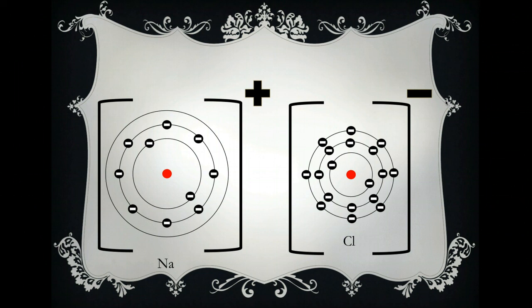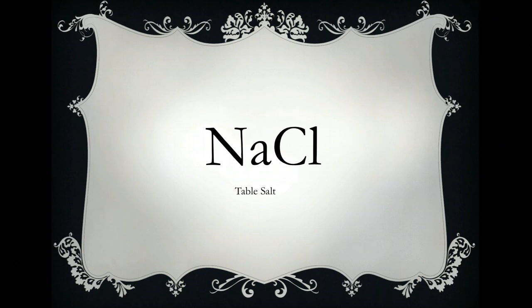If you said they attract, you're absolutely right. So the sodium ion is now attracted to the chlorine ion, and they bond together to form sodium chloride, which is what we call table salt.